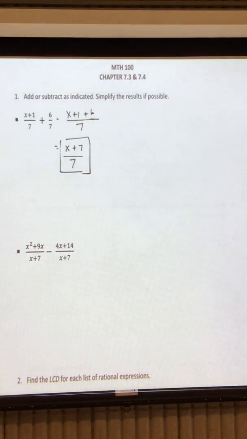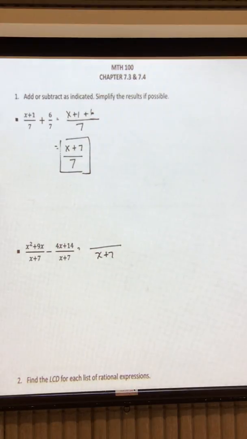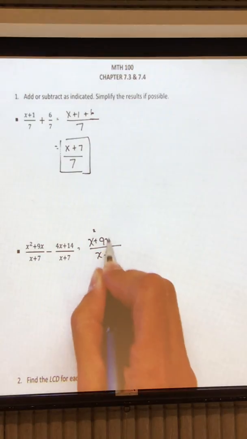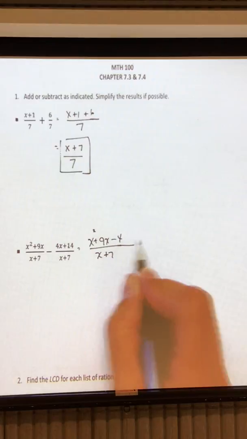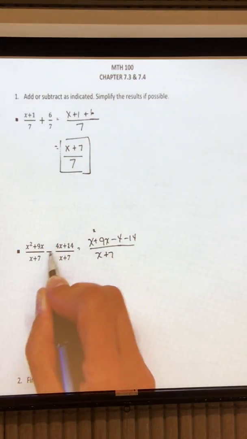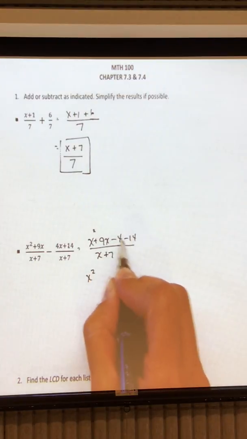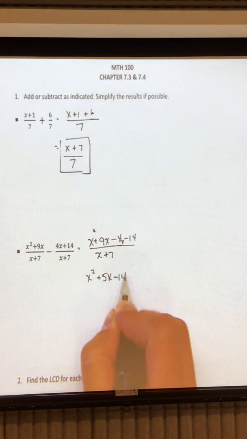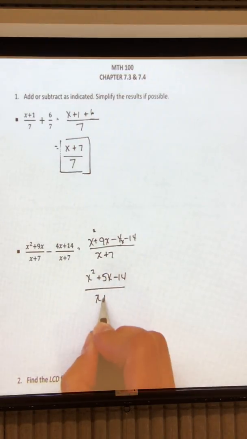The next one, again, the denominators are the same. So you just keep the denominator and you combine the numerator. So you have x squared plus 9x. Again, you have minus 4x and minus 14. Again, don't forget to distribute that negative. So you're left with x squared, 9x minus 4x is 5x, minus 14 over x plus 7.